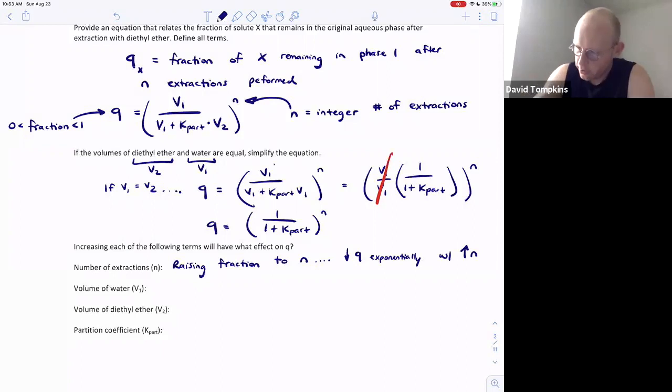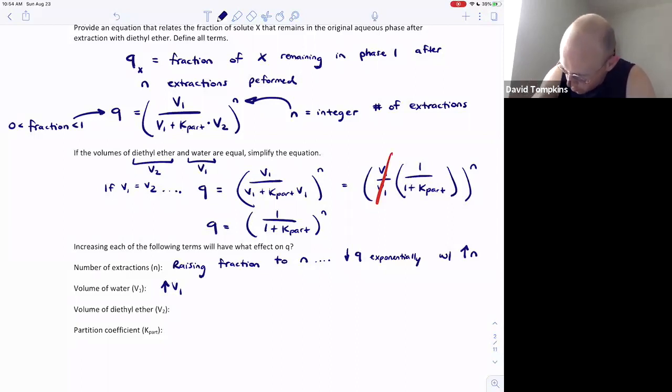If we increase the volume of water, V1, right, then we'll see that that's going to increase on the top proportionally with the bottom, okay? And increasing the volume is going to allow a larger number of moles of solute to remain in the aqueous layer.